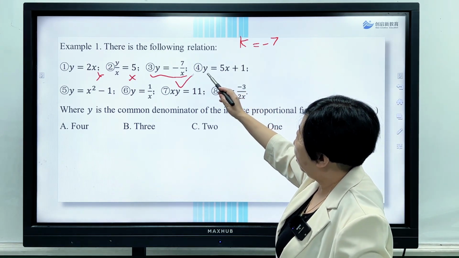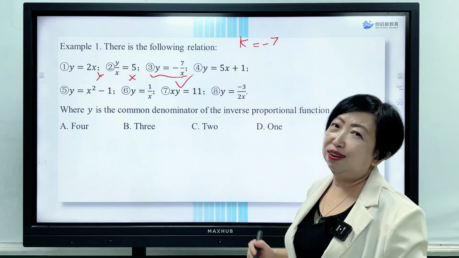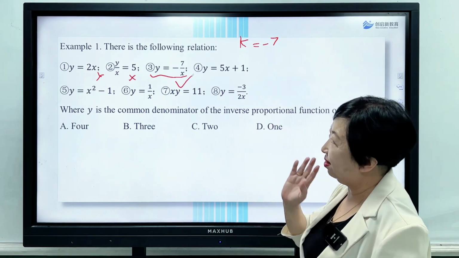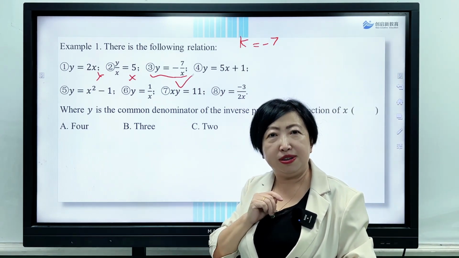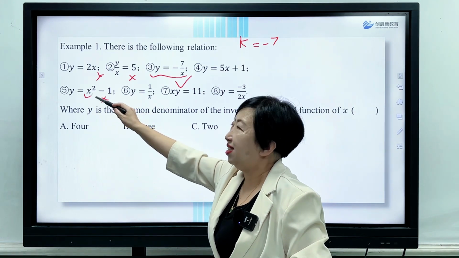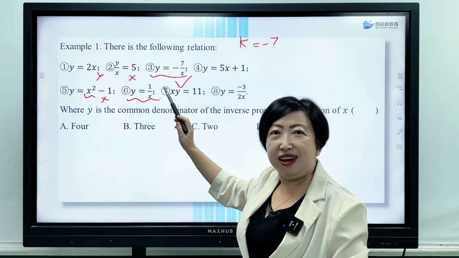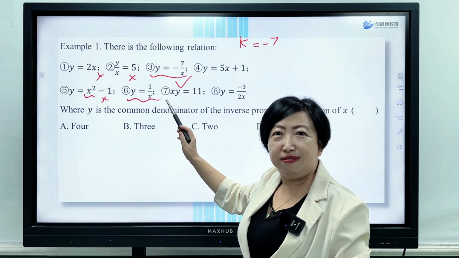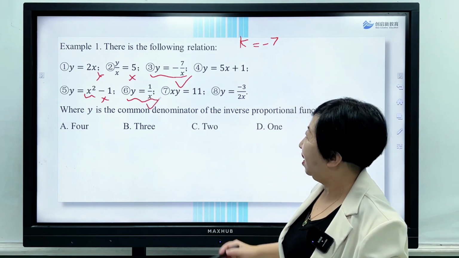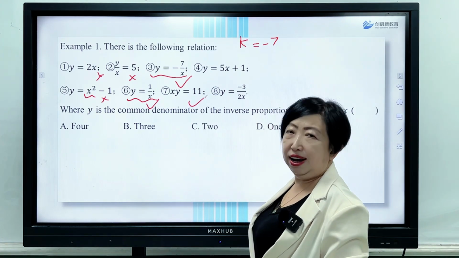Then y equals 5x plus 1. Of course, it is a linear function, not an inverse proportional function. Here we can know the inverse proportional function k equals 1. Here is right. Here x times y equals 11, right.